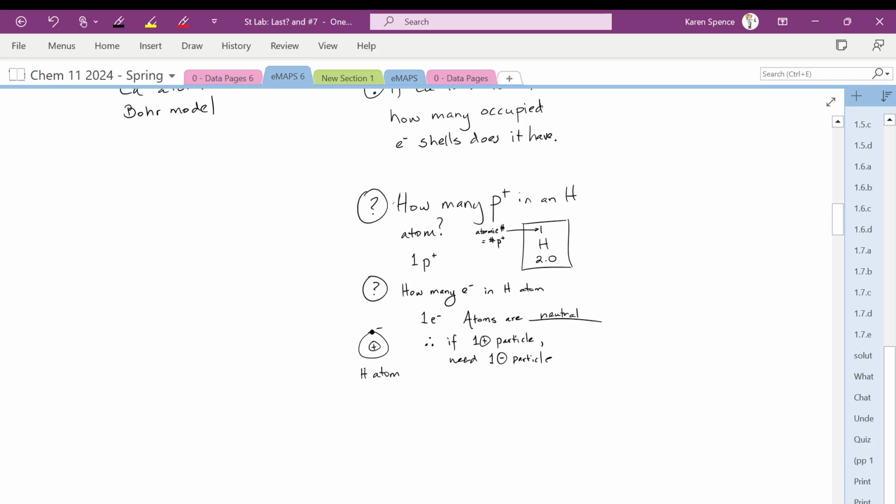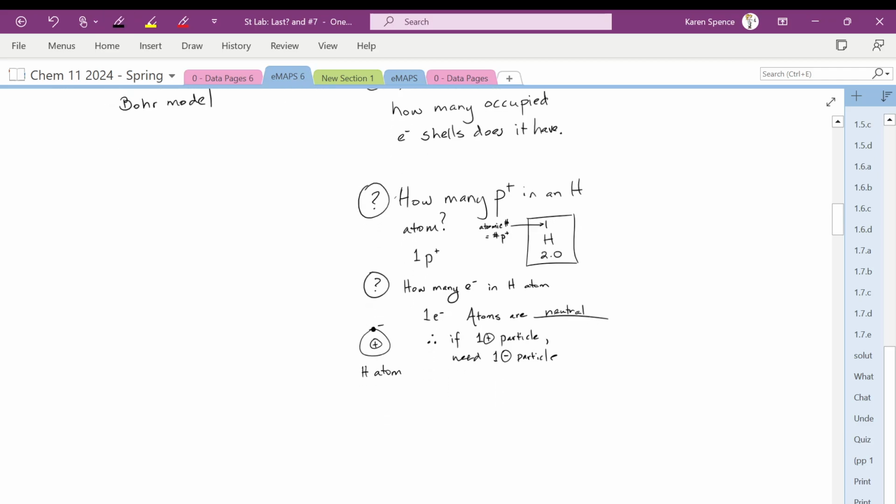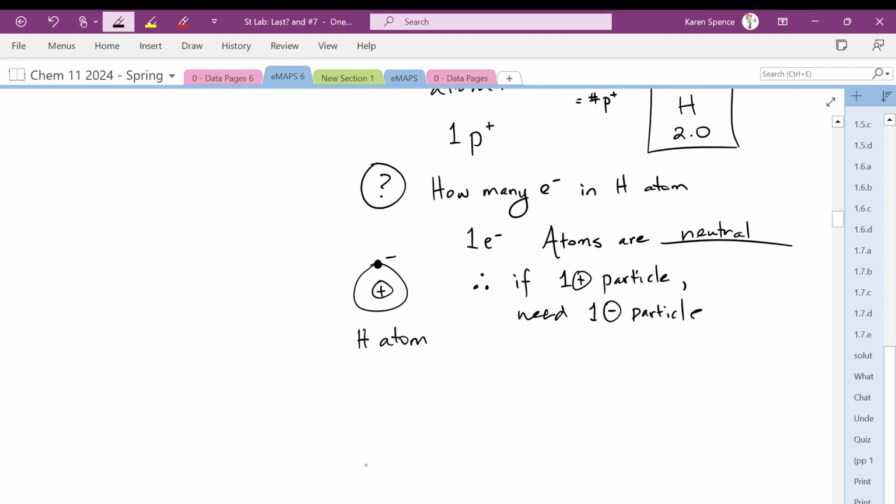How about a helium atom? How many electrons in a helium atom? Tell your partner how many electrons in a helium atom.